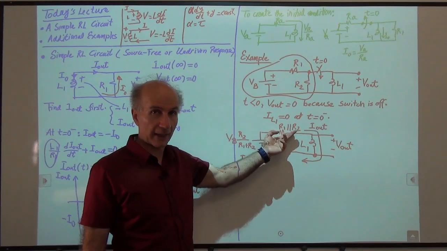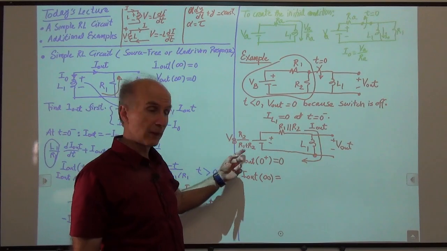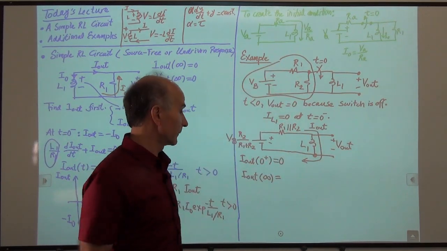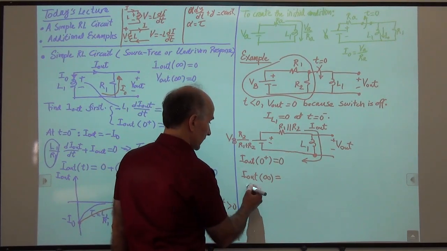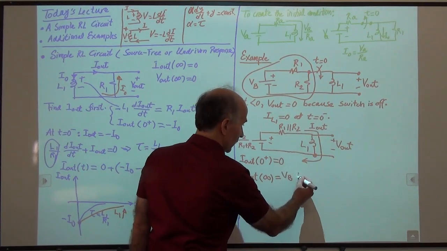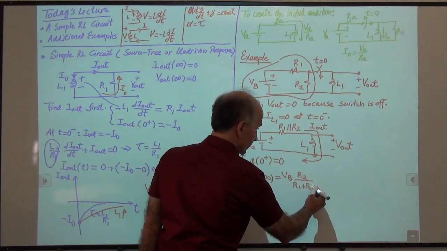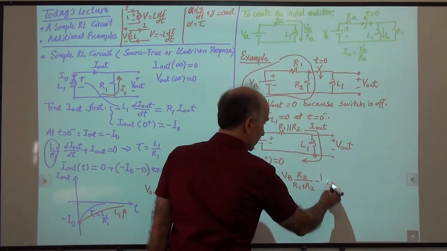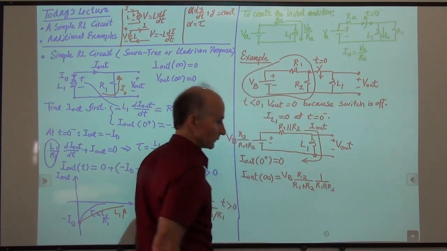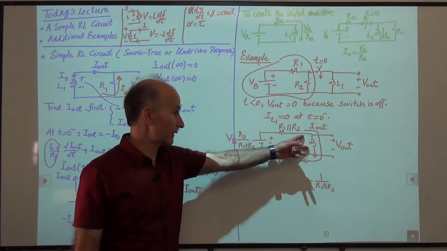So we can say that I out at time infinity is this voltage, given by its value, minus 0 divided by this resistance, just like here. So that's VB R2 over R1 plus R2 divided by R1 in parallel with R2. Right, this voltage divided by that resistance, because this side is 0.